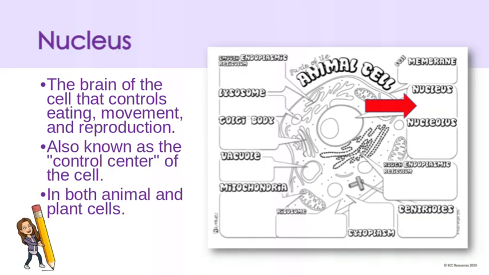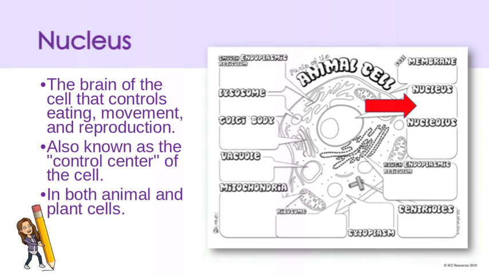The next organelle we have is the nucleus. And again, you need to be writing. The nucleus is like the brain. It controls what the cell does: its eating, its movement, its reproduction. Sometimes we call it the control center of the cell, and it is found in both plants and animals.